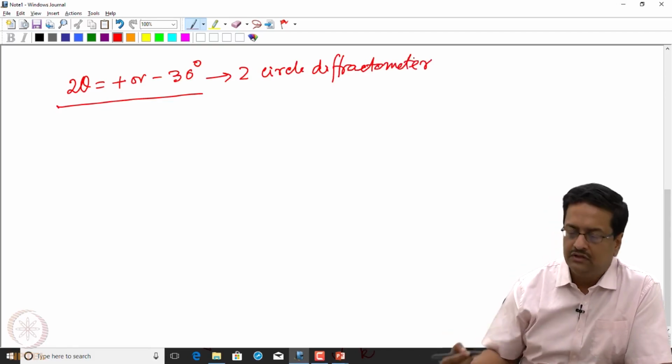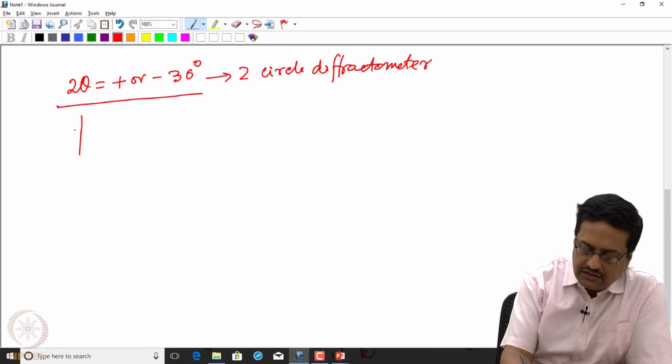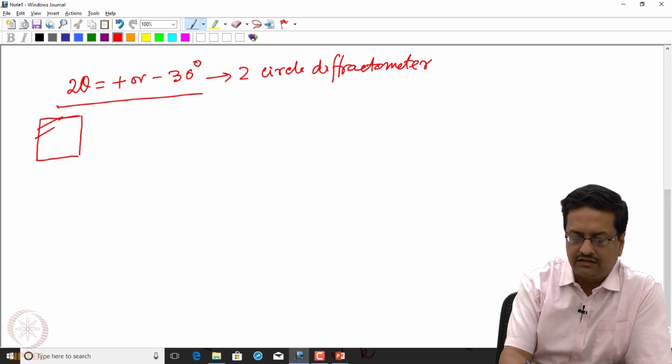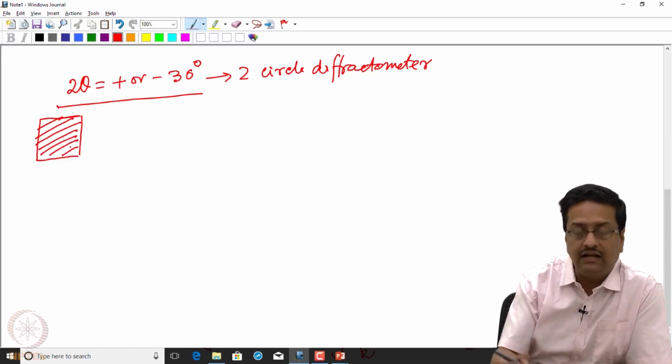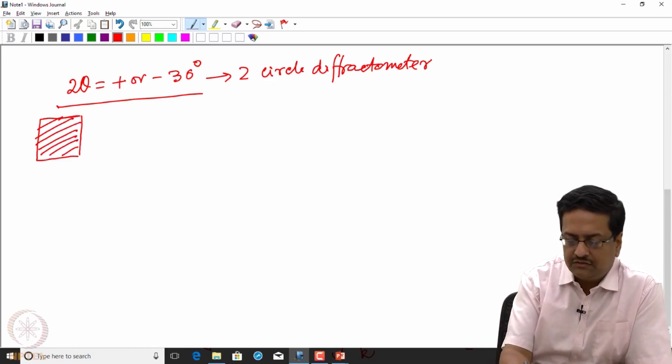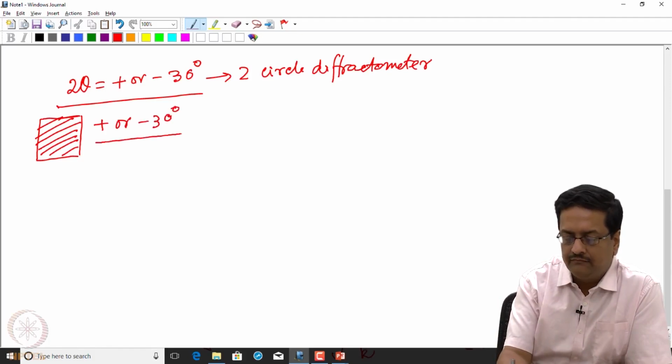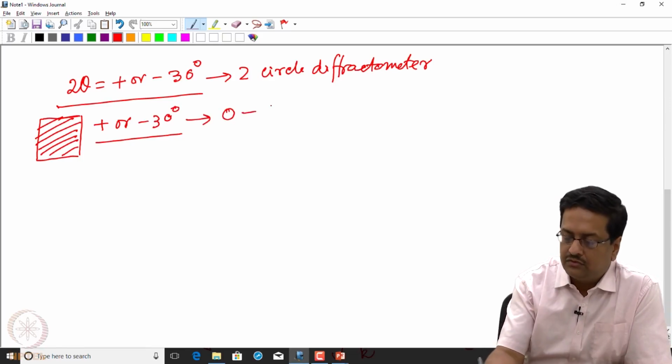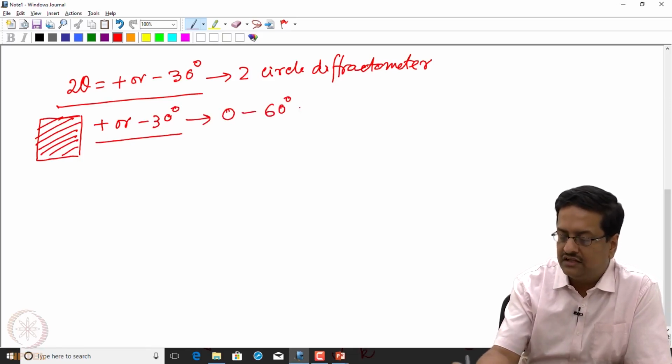Why so? The coverage area of the detector, given its size, is such that if it sits at plus or minus 30 degrees, it can cover from 0 to about 60 degrees in 2 theta.